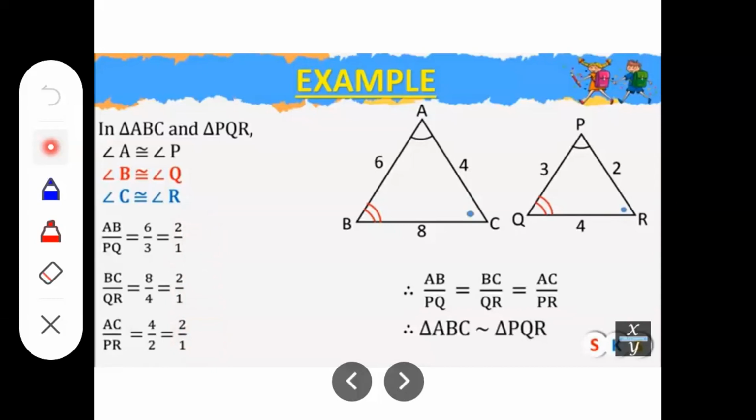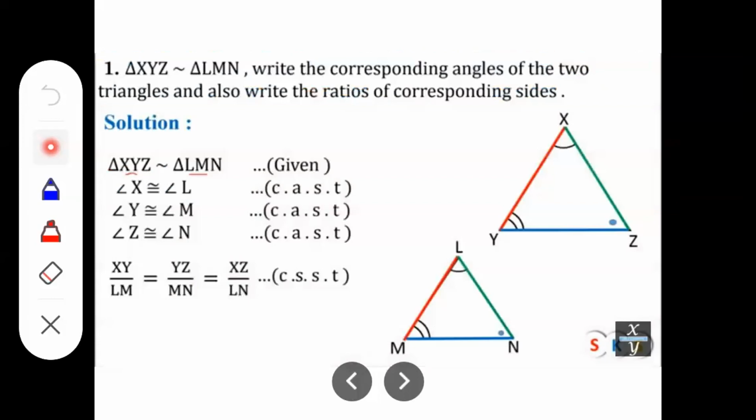So the first part of this practice set, we have done it. All the basics for this practice set are covered. Now let's begin the practice set. Example number 1 is here. Now here the similarity of two triangles is given.